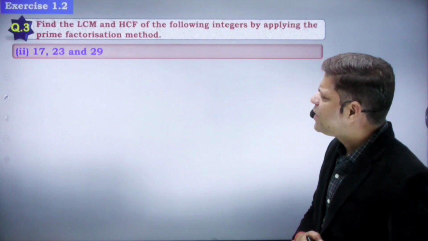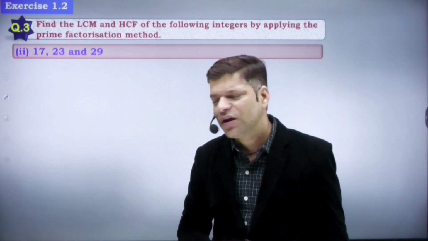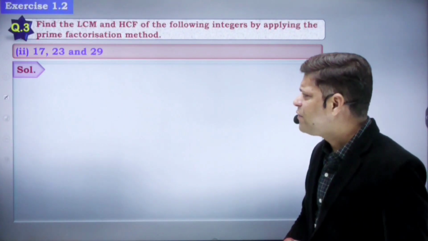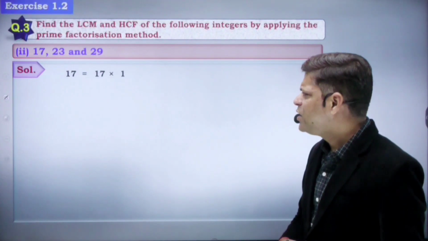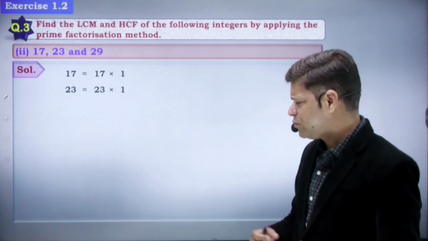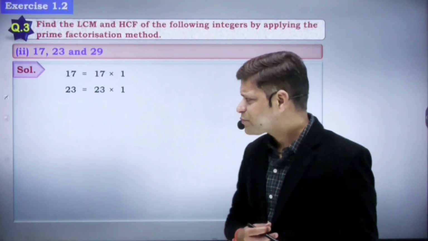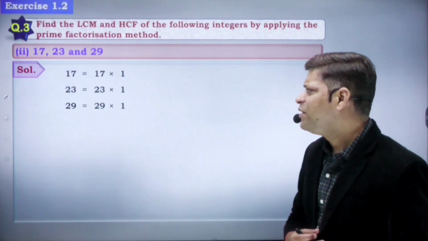In the same way, in the second part we have to find the HCF and LCM of 17, 23 and 29. So it is very easy. 17 is already a prime number, so it will be equal to 17 into 1, and 23 will be written as 23 into 1, and 29 also as 29 into 1. A very interesting result.